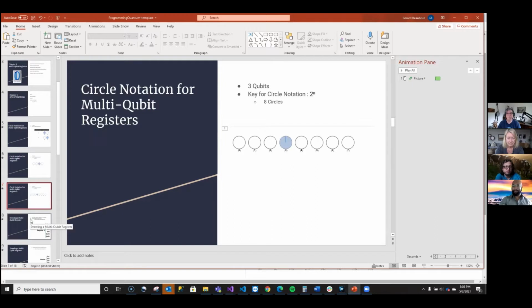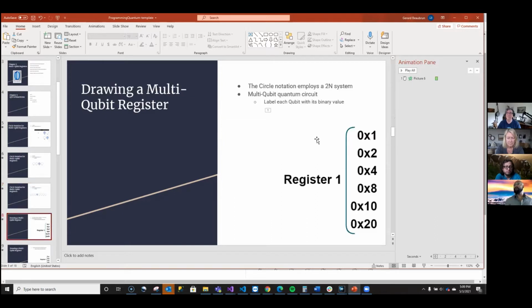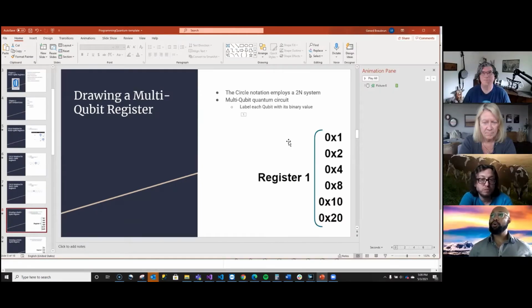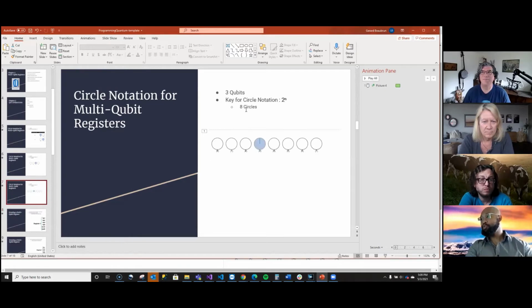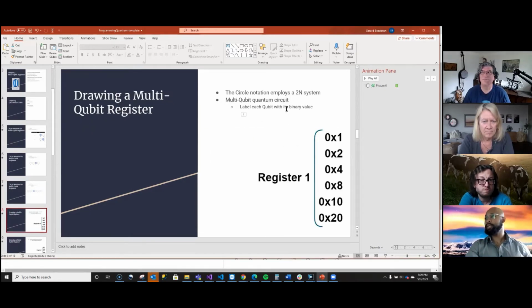Okay. Continue. Now, as we draw a multi-qubit register, you'll notice that the circle notation employed a 2 to the n system, meaning, again, 3 qubits, it's 2 to the 3, 8. Now, when it comes to drawing the multi-qubit register, as opposed to the circle notation, it's a matter of adding a label, which is equivalent to the binary value.